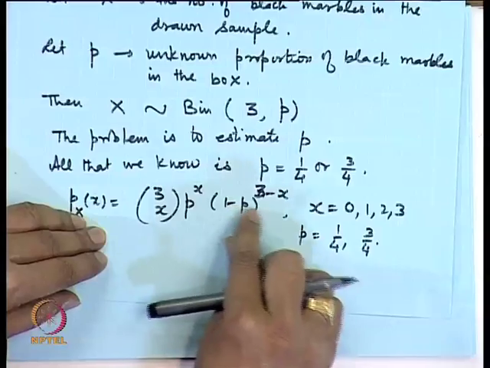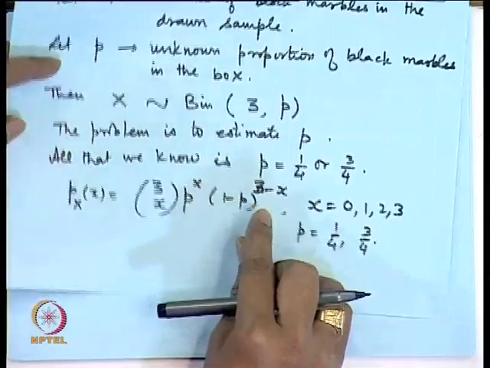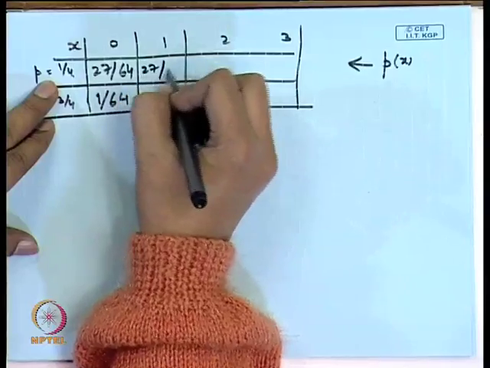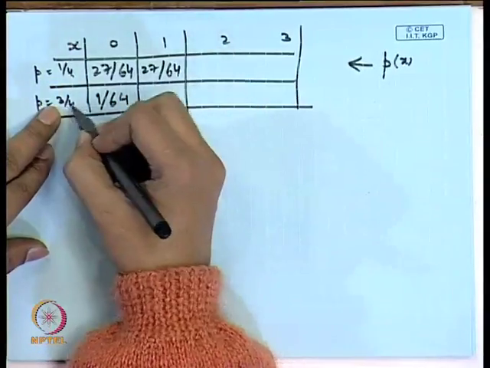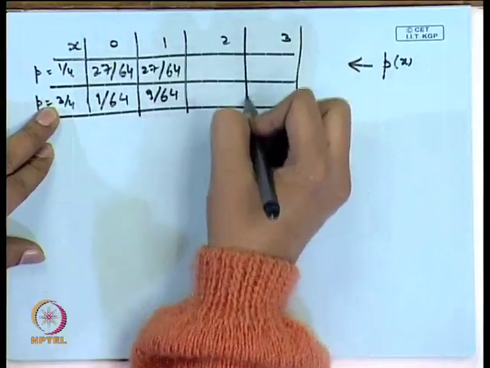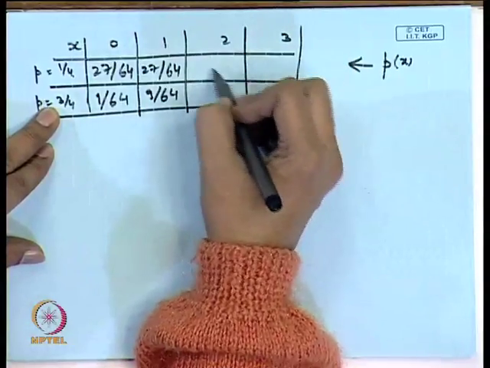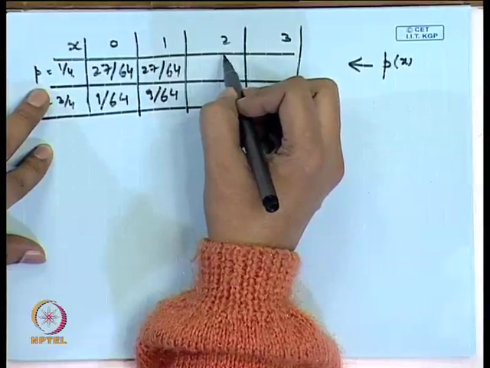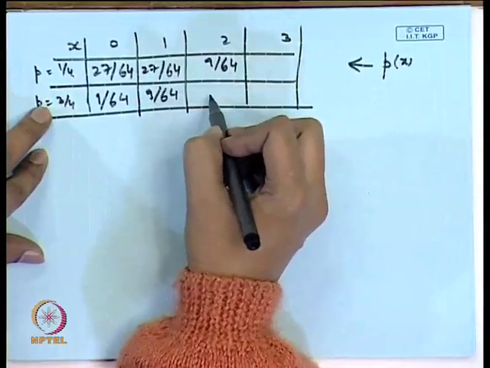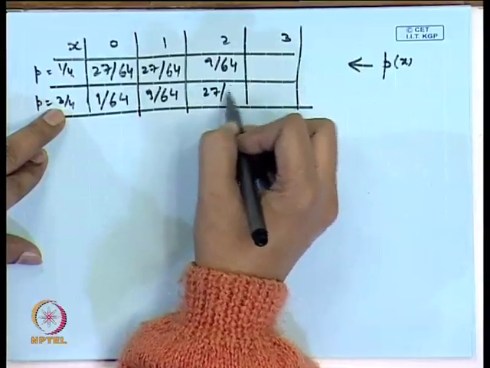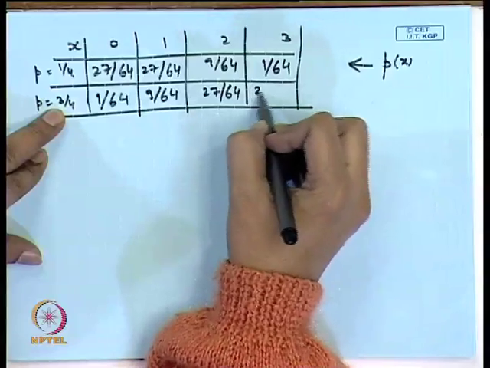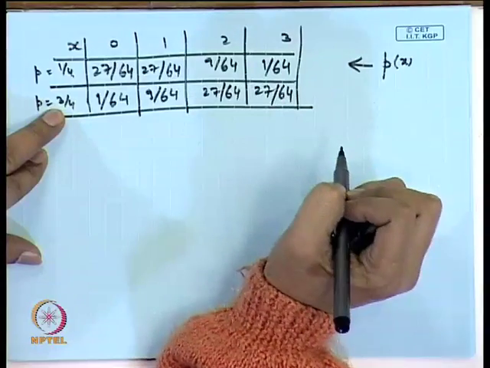This is 3p(1 minus p) squared. So, again for p equal to 1/4, this value turns out to be 27/64, whereas for 3/4 it turns out to be 9/64. In a similar way, I can consider other values. For p equal to 1/4 and x equal to 2, the value is 9/64, and for p equal to 3/4, this value is 27/64. The last values are 1/64 and 27/64.